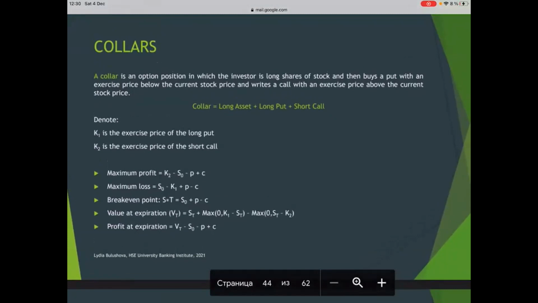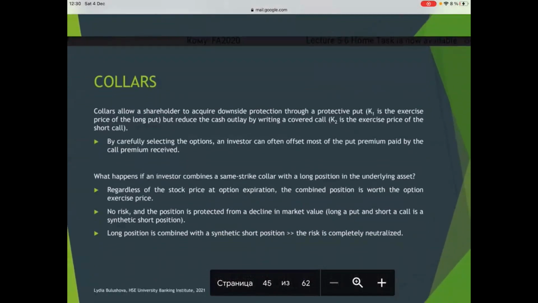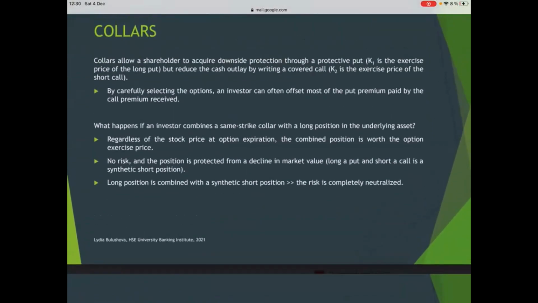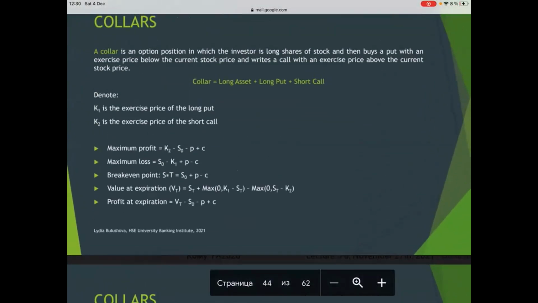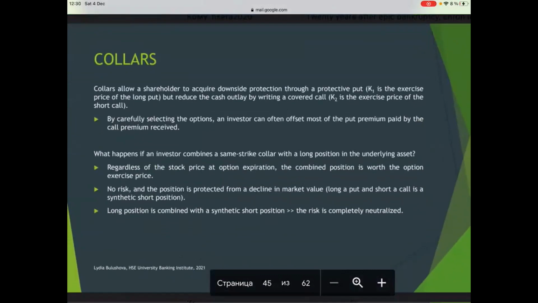First, you have to have a look at maximum profit, maximum loss, and value at expiration. So I have an asset. I get premium from selling a call, from writing a call, and I pay this premium to long a put. What's the profit?